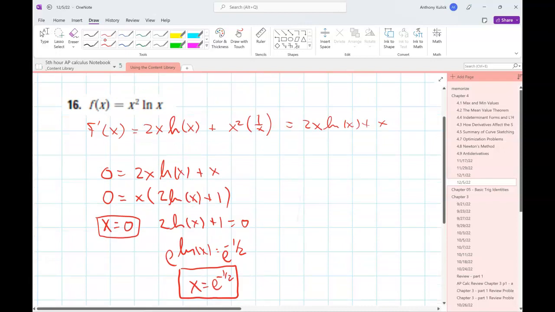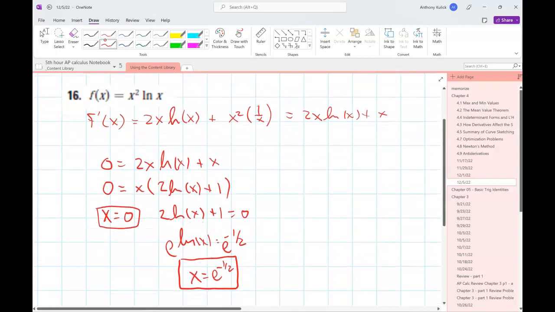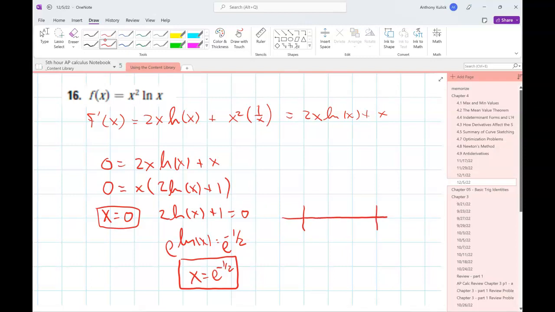All right. So let's go ahead and make a little diagram here. e to the -1/2 is a positive number, so I know that's to the right of 0. Everybody's cool with that? And over here, I know I don't have anything. Why do I know that? Yeah, the domain is greater than 0, right?